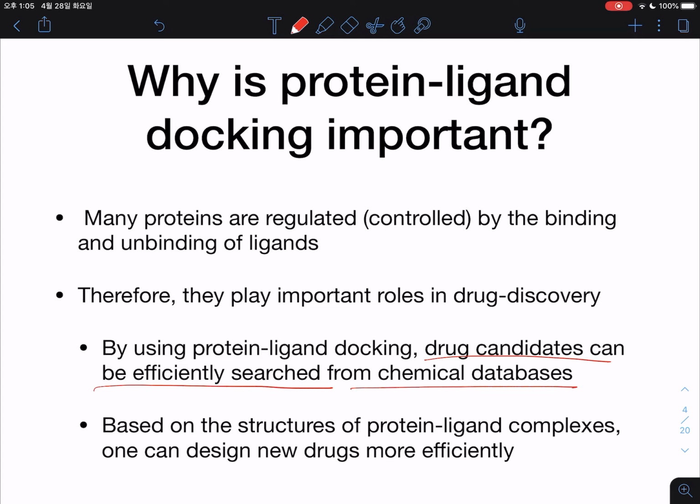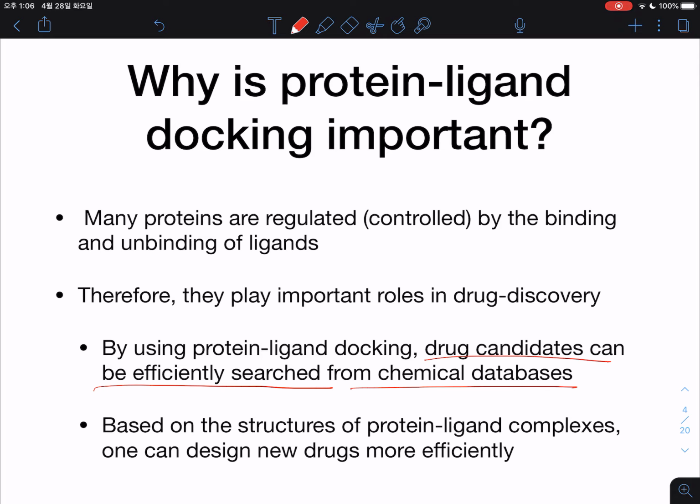By using protein ligand docking, drug candidates can be efficiently searched from chemical databases. As we talked about in the last class, the drug discovery process is very expensive and time-consuming, especially because you have to find the right molecule that binds with your target protein among thousands or tens of thousands of candidate molecules.